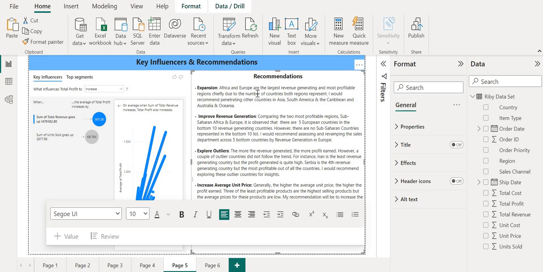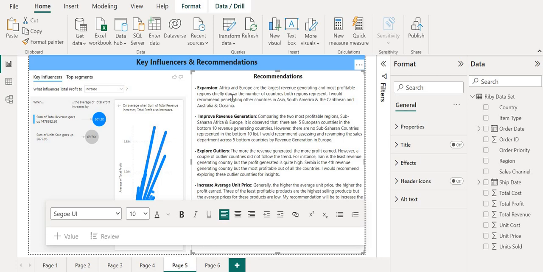To say Africa and Europe are the largest revenue generating and most profitable regions, chiefly due to the number of countries both regions represent. If you go to the first video, you'll see that Europe and Africa represent 48 countries compared to the other regions. And I think the reason why they're the most profitable and highest revenue generating regions is the number of countries there.